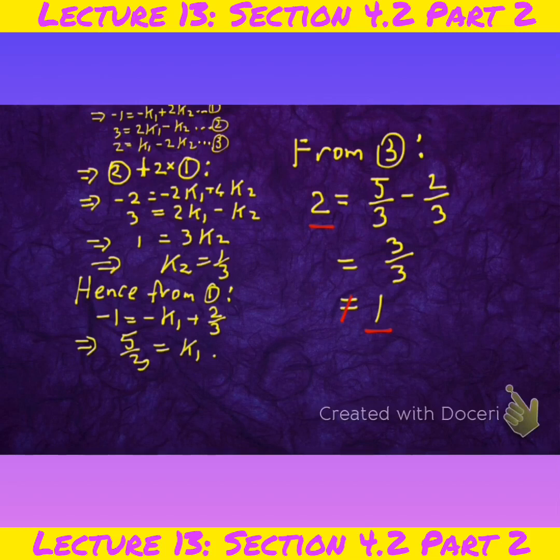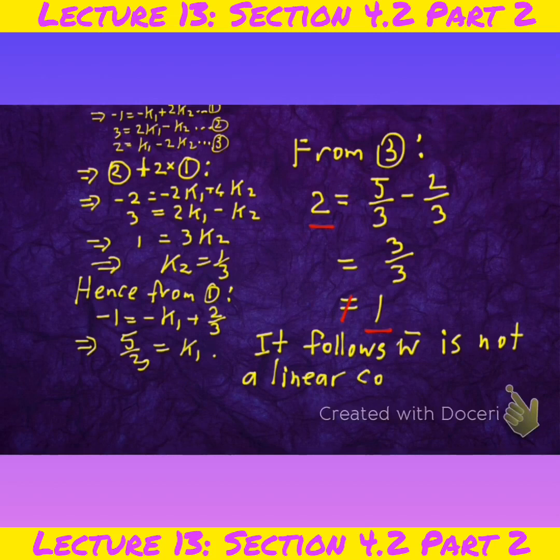So it follows that W is not a linear combination of the vectors W1 and W2, because we cannot express W as the sum of scalar multiples of W1 and W2.